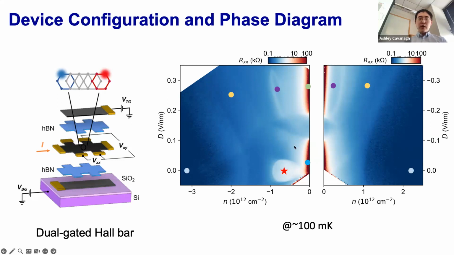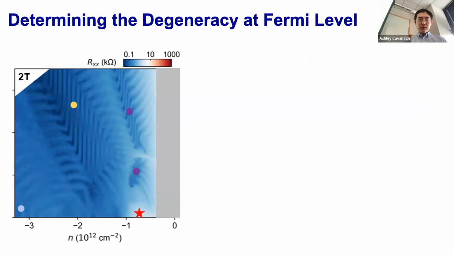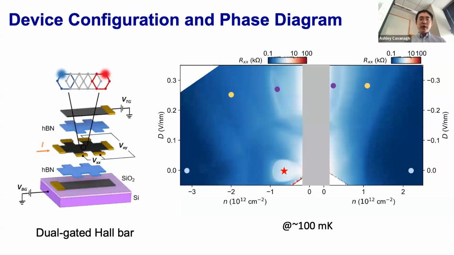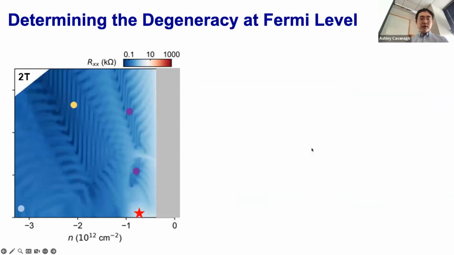First, I would like to focus on where we have electrons or holes doped into the system. Let's block out this charge neutral state for now. One thing we can do is apply a magnetic field that's out of plane, and this will give you quantum oscillations.